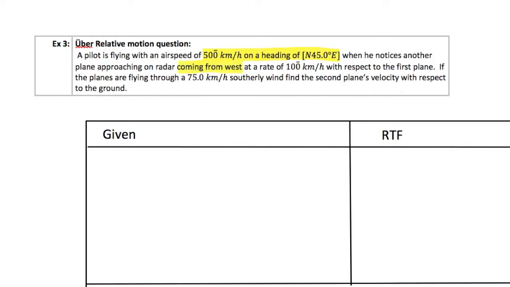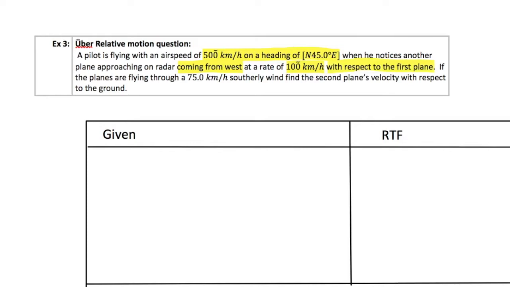Now, if it's coming from the west, that implies that it is traveling towards the east. And that's an important thing to be able to parse: the difference between coming from as opposed to moving toward. And we have a rate of 100 kilometers per hour. Now this is important, it's with respect to the first plane. So the second plane's motion is being described in terms of the first plane.